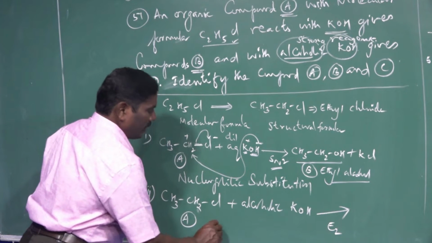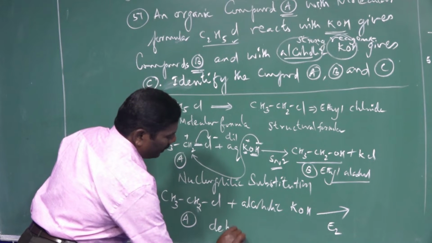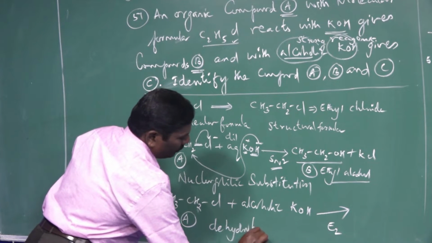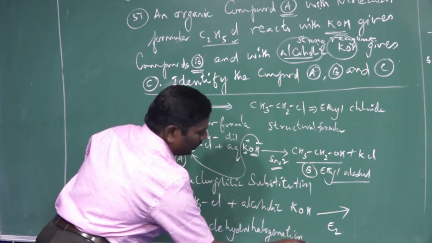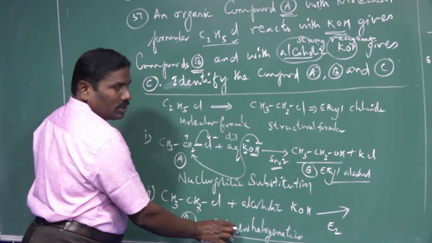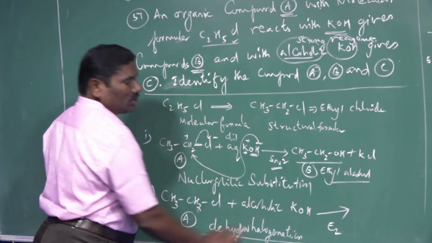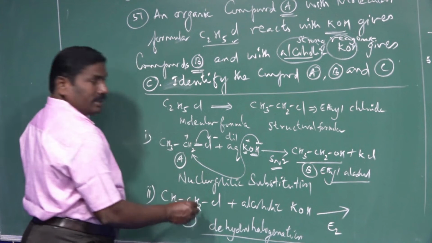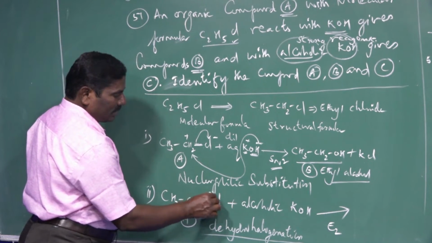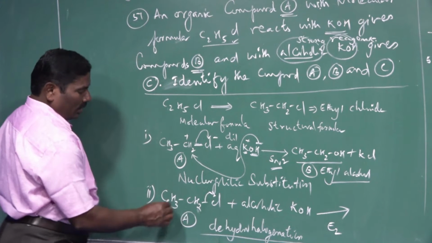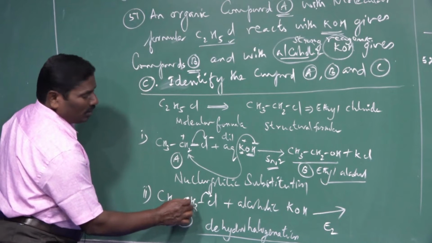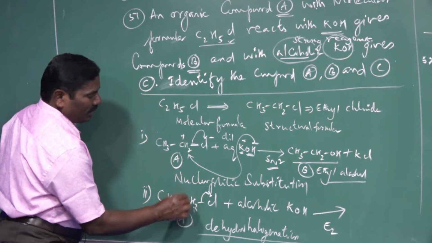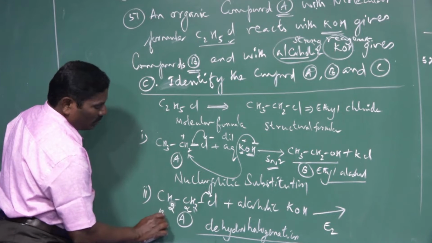This is otherwise known as dehydrohalogenation. That means the hydrogen and the halogen are both going to be removed. In this case, the halogen becomes Cl minus. Now in this compound, you write this is the alpha carbon and this is the beta carbon.